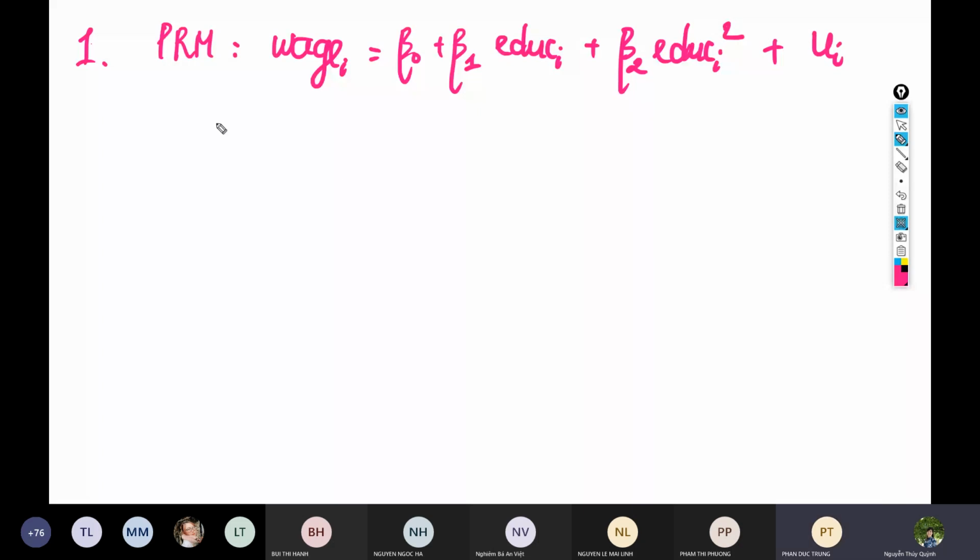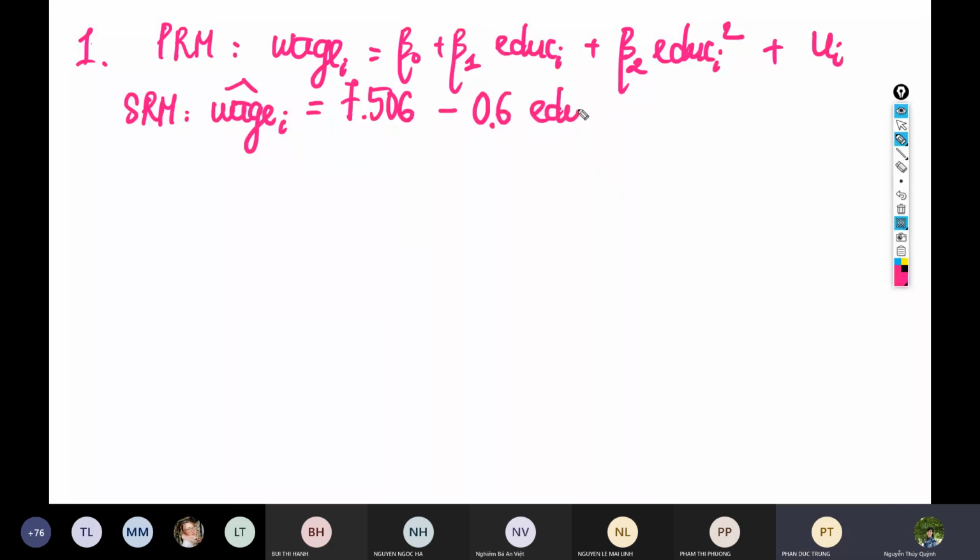All right, now the estimated model or the sample regression model will be like this. As the estimated model suggests, we have wage hat equals 7.506 minus 0.6 times edu plus 0.05 on education square.